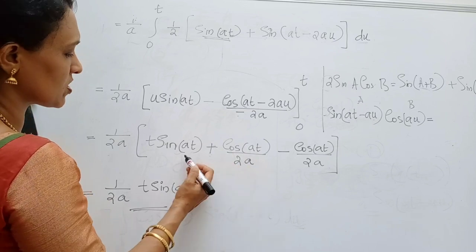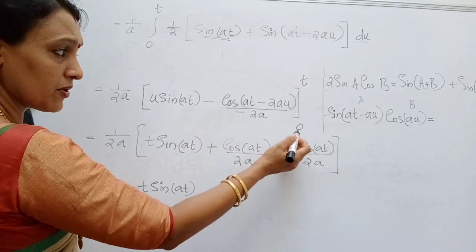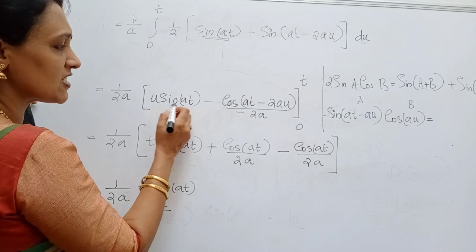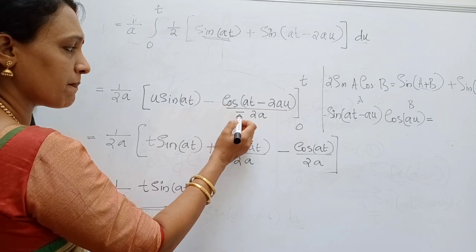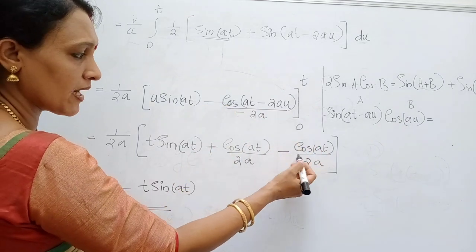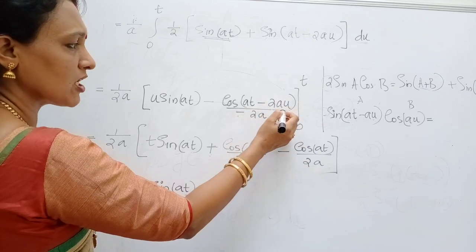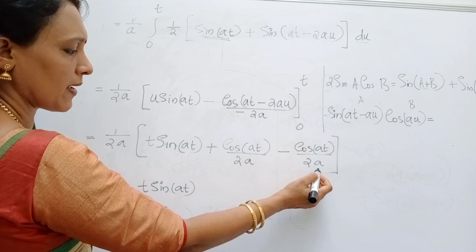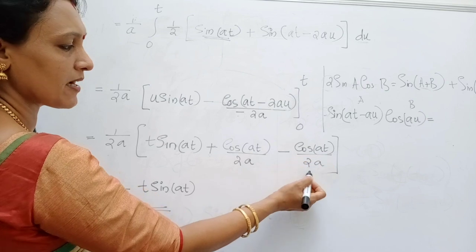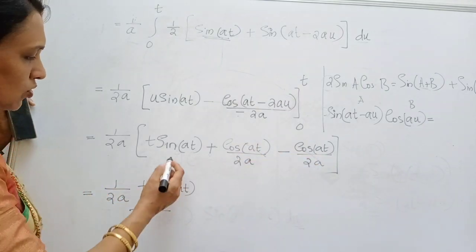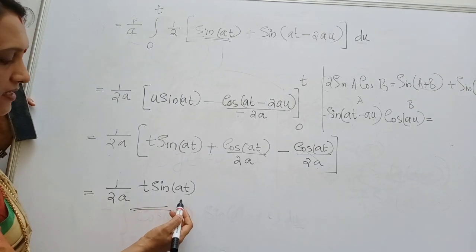We obtain these terms by substituting the upper limit minus lower limit. When you put u is equal to 0, the first term vanishes. And the second term will be, this is already plus, but for putting the lower limit we have the negative sign. So minus cos a t divided by 2a. You can see we have plus cos a t by 2a and minus cos a t by 2a. These two terms get cancelled. So the final answer is 1 by 2a into t sin a t, and this is the final answer.